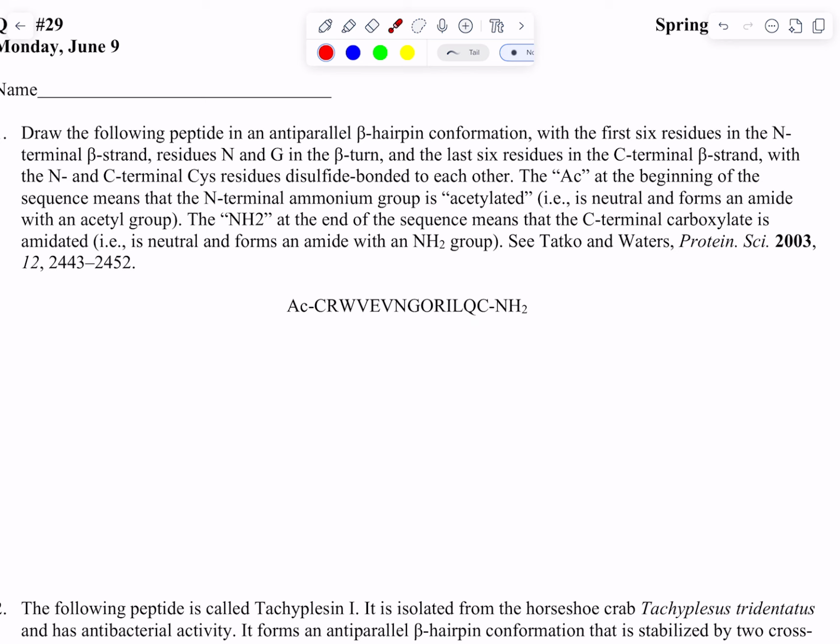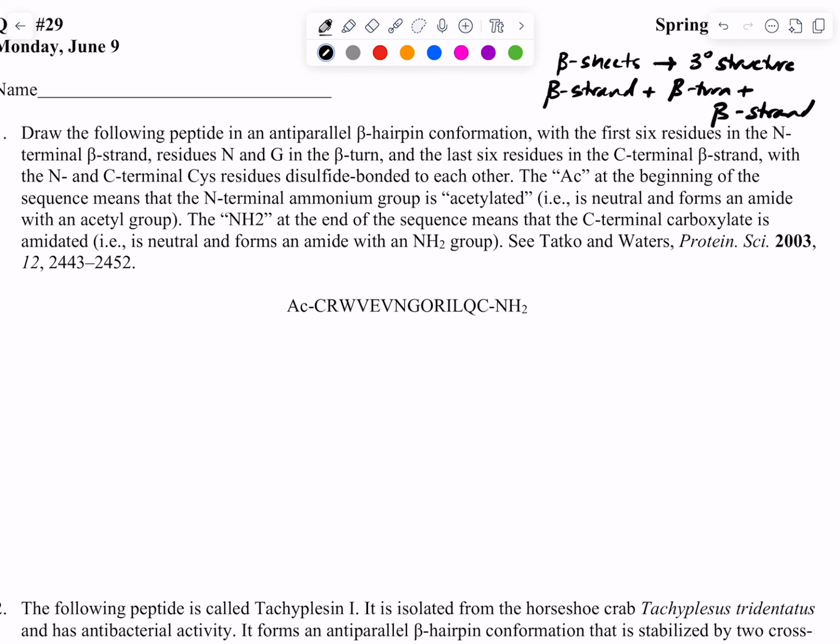But this molecule forms the smallest increment of a beta sheet. And for our purposes, when we're talking about beta sheets, that is tertiary structure. And a beta sheet is composed of a beta strand, that's the Greek letter beta, plus a beta turn, plus another beta strand.